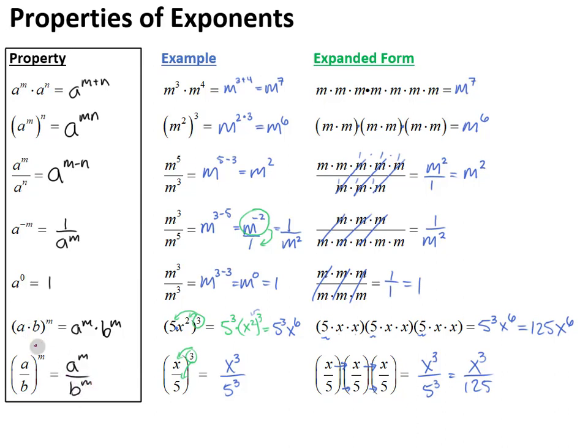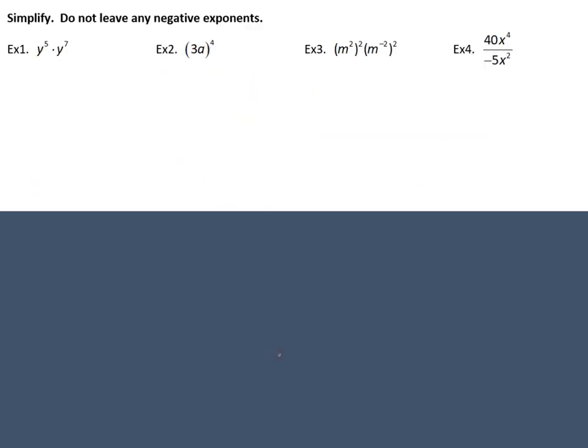So this m, we can distribute to the x and to the b. So again, you can distribute exponents over multiplication and division, but not addition or subtraction. There is no property for that. That one you would have to write some sort of expanded form for, like expand it out and perform the operations. Okay, so let's try some of these properties out.